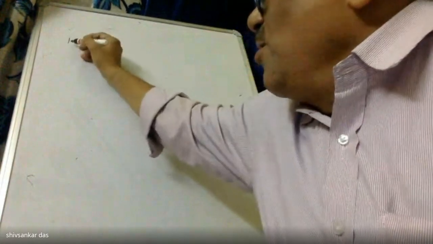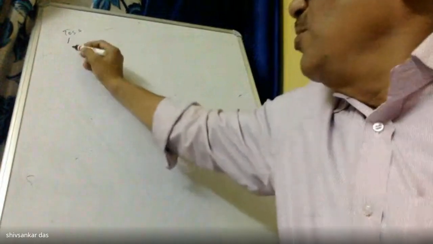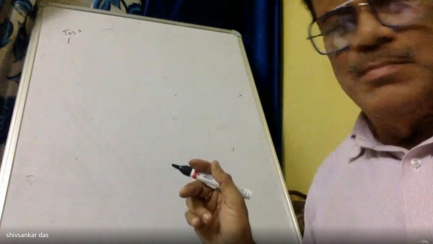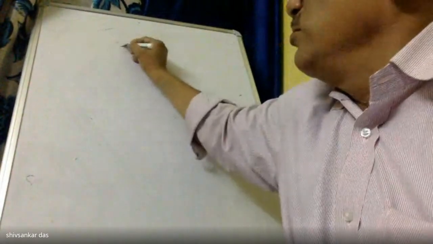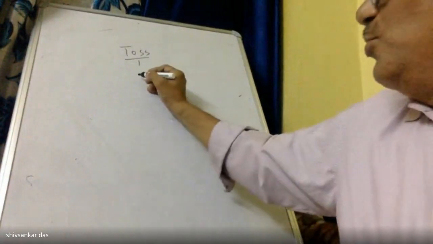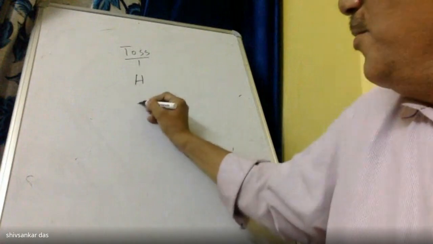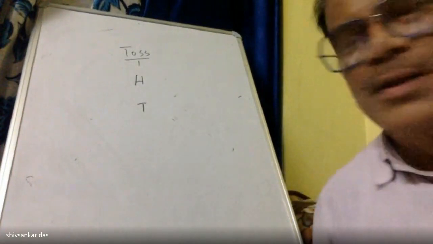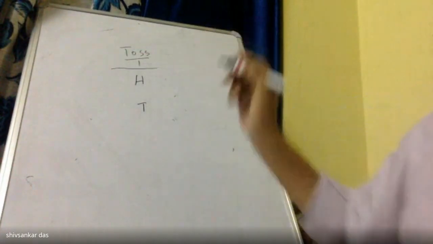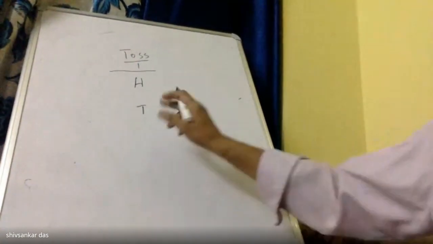One toss, toss number 1. How many results are there? Head or tail. Now there will be 2 tosses.